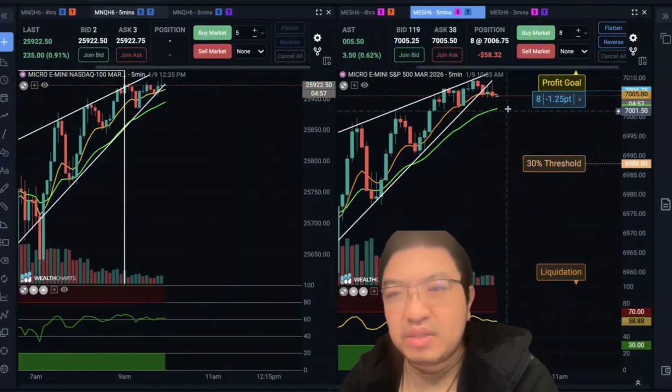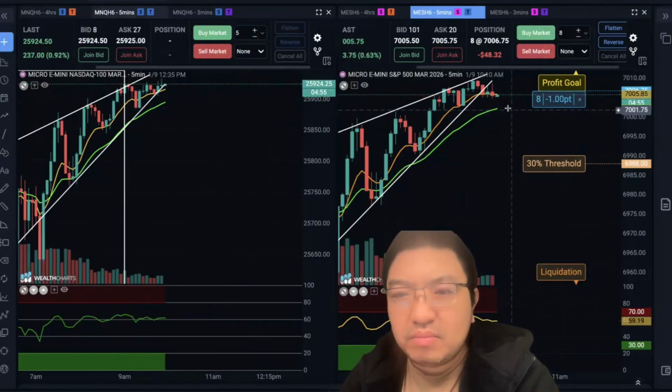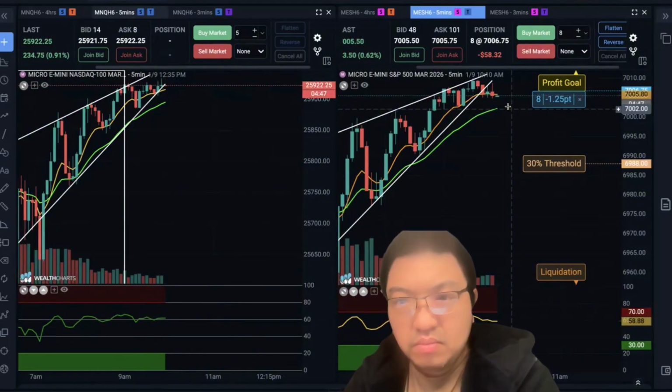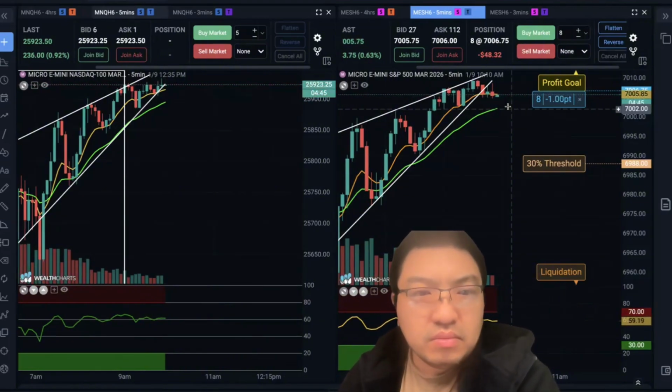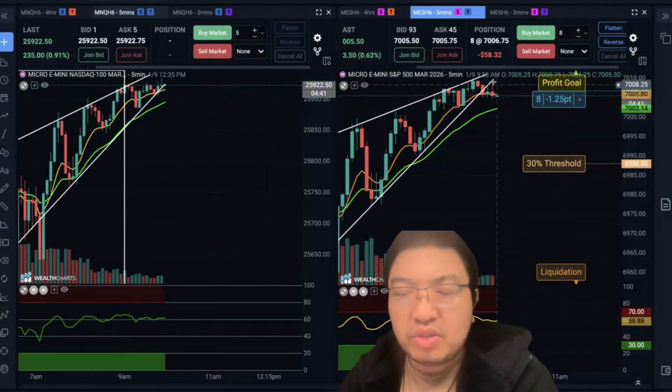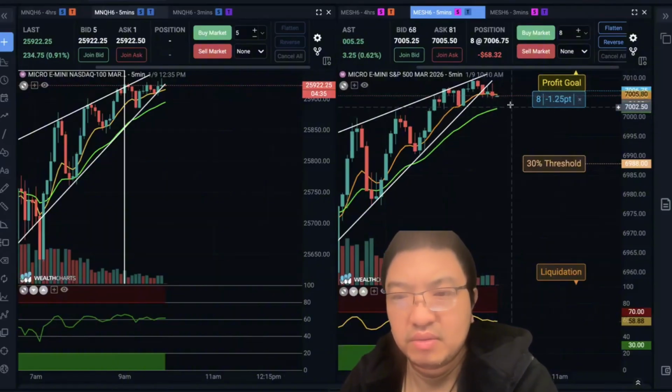Okay, one more candle. Let's see this one. If we continue down, then I will leave the trade. Now you see the rejection from the lower bound. So break, rejection, maybe continue to go down.